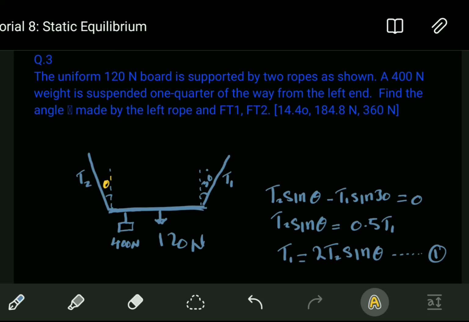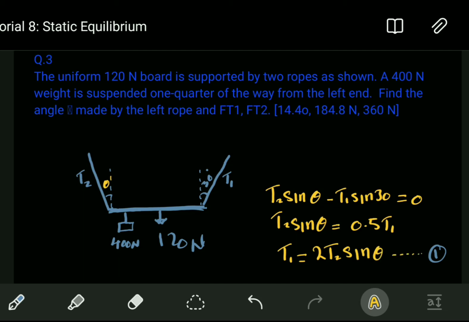Therefore, in the x, we are getting T2 sine theta minus T1 sine 30 equals 0, giving us T2 sine theta equals, we know that sine 30 is 0.5, therefore T2 sine theta equals 0.5 times T1, giving us T1 equals 2T2 sine theta.